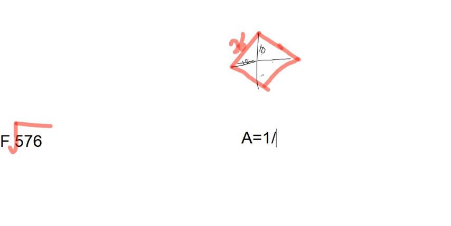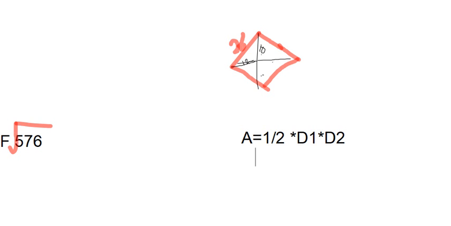So from here, half into D1 value, which is 20, into D2 value, which is 24.